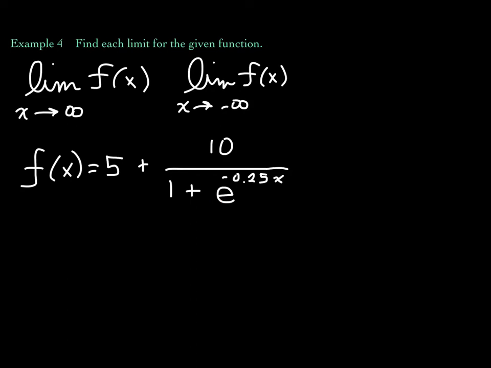So as x values get infinitely large, this term right here gets really small. It actually goes to 0. It almost becomes irrelevant, because this is becoming 0. So then this whole expression is approaching the following: 1 plus 0.